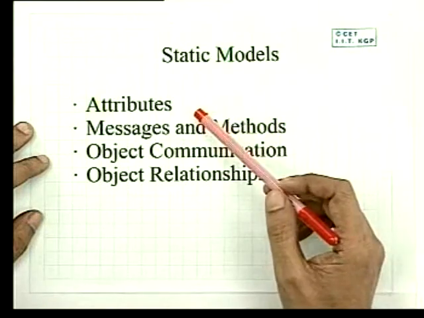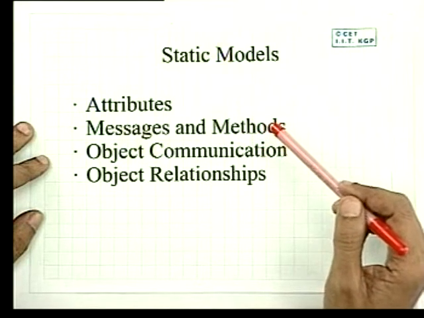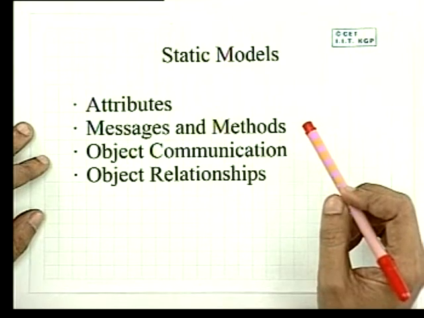In the case of static models, we'll see that the static model will be described by the attributes of an object, messages and methods, and how objects can communicate with each other with the help of messages and methods.